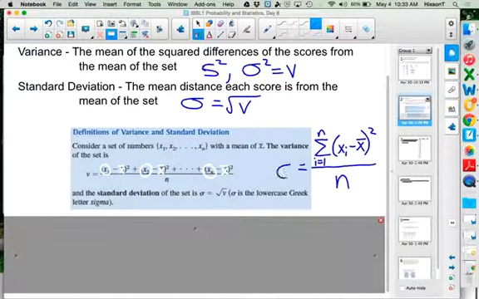So that's your sigma squared or your variance. And I would like you to be familiar with both items of notation, the sigma squared and the variance.